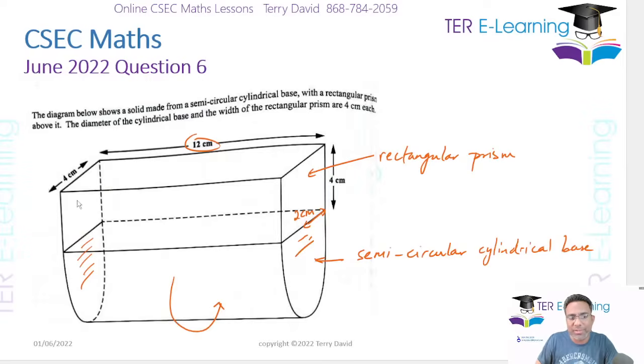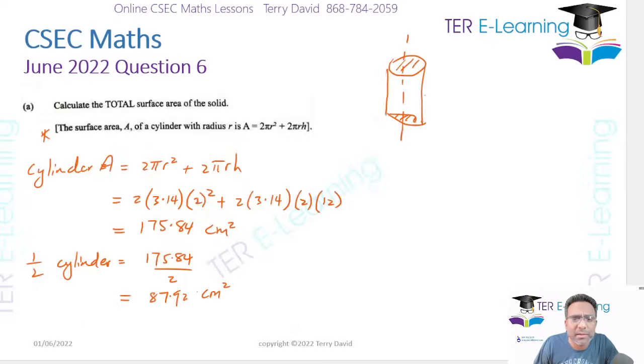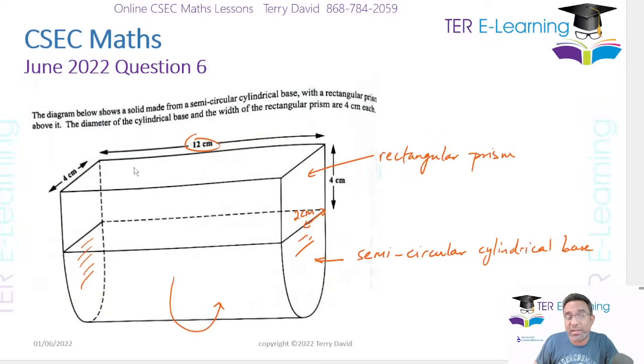The next thing we need to do, let me just double check something here, is work out the total surface area of the solid. So we need to look at that rectangular prism on top now. But we need to be careful how we're working out these areas. This area here is going to be 4 multiplied by 4, so this is going to be 16 cm squared.